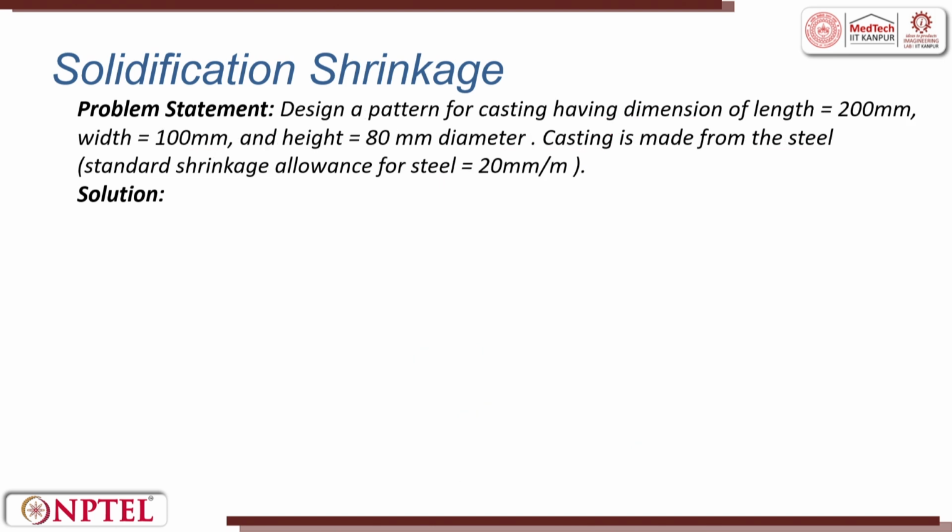So, there is another problem statement where we design a pattern for casting having dimension length 200 millimeter, width 100 millimeter and height 80 millimeter. Casting is made from steel. Standard shrinkage allowance for steel is given as 20 millimeters per meter. So, again we have been given length, breadth and height.